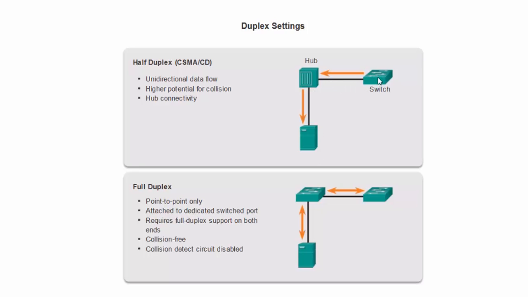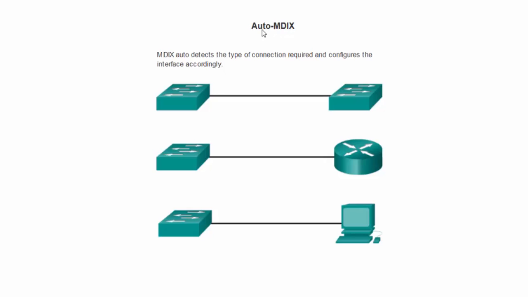For example, this switch will detect automatically that there is a hub on the other side, so it uses half duplex. This switch will detect that there is a switch connected to it, so automatically it works as full duplex. This feature is called auto MDIX.